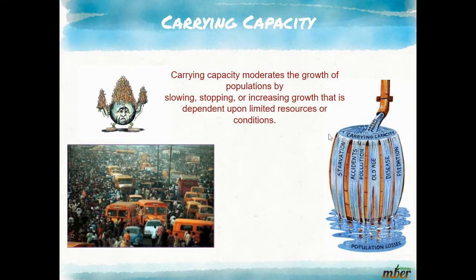Carrying capacity moderates the growth of populations by slowing, stopping, or increasing growth that is dependent upon limited resources or conditions. So what that means is that we lose amounts of our population, whether it be from starvation, accidents, pollution, old age, disease, or predation, right? The environment can only support so many lives.